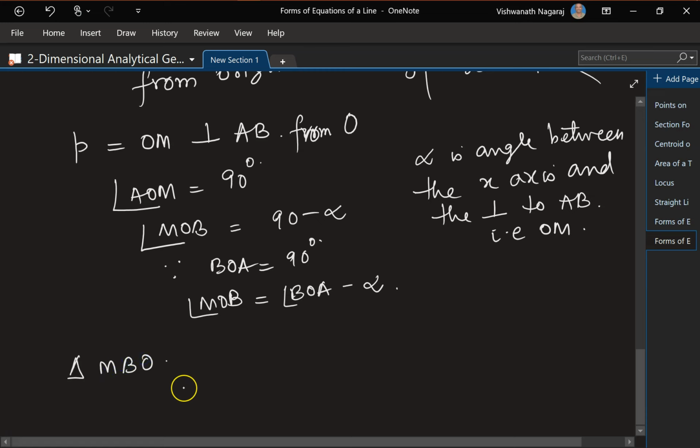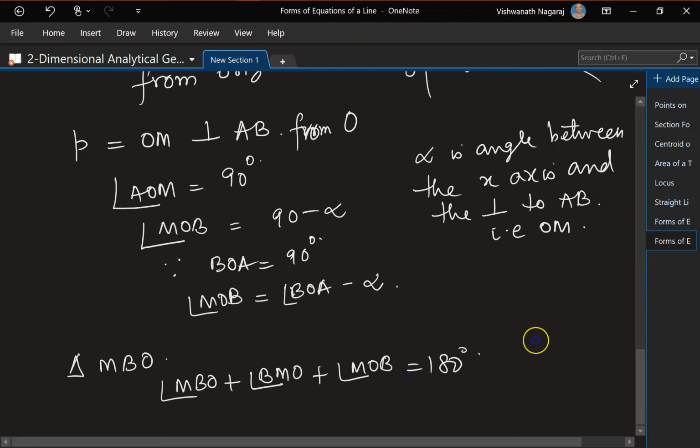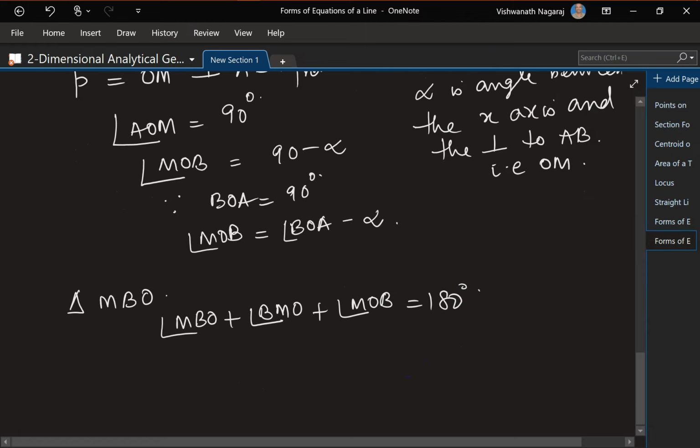Now in this triangle, angle MBO plus BMO plus MOB is equal to 180 degrees. This is our standard sum of the angles of a triangle. Now angle MBO plus BMO is what?